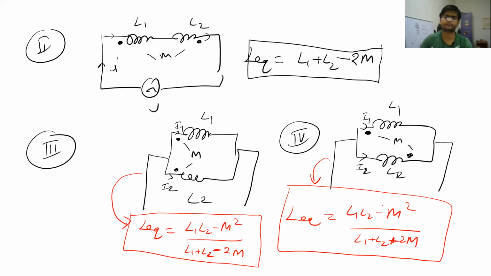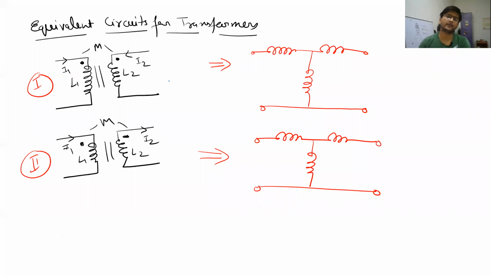Now let us see the equivalent circuit of a transformer. If a transformer is given, we can actually draw an equivalent circuit for it, and let us see how it looks. Now we have the transformer. In the first case, we have supporting flux or supporting mutual inductance, which will have a positive sign, and in the second case, we have non-supporting or opposing flux, so it will have a negative mutual inductance sign.